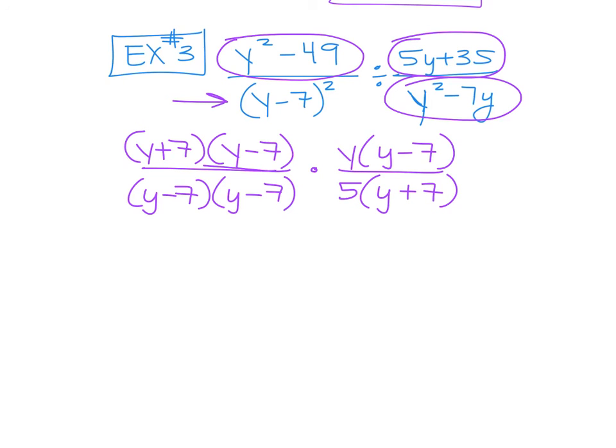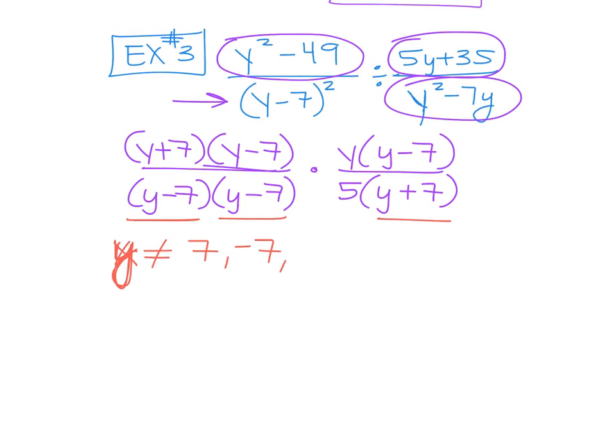Okay. So you've got to do restrictions. And here's where the mistake gets made. This would be y cannot equal what? Good thing you're paying attention to all my y's today, huh? Y cannot equal 7. So that takes care of this one and this one. What about over here?